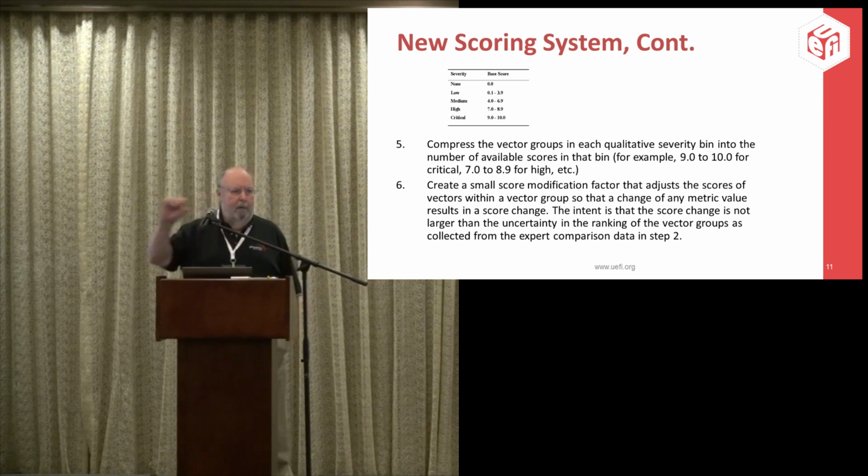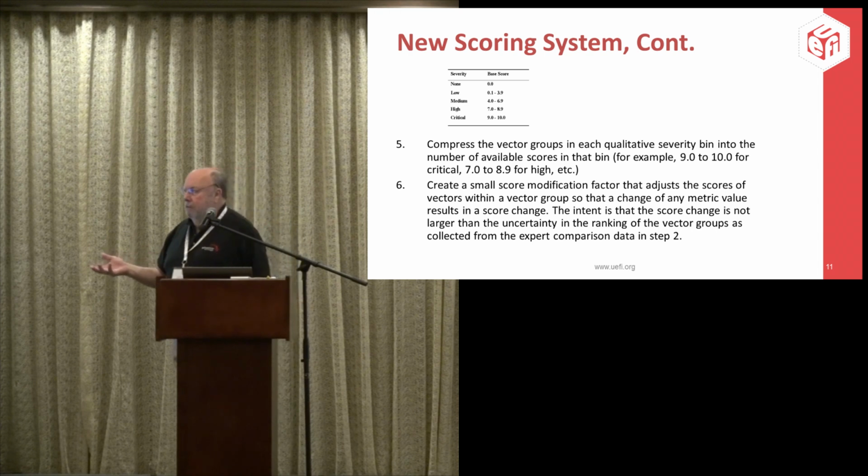What ended up was essentially a big lookup table done in JavaScript. It's just a database: this vector of answers produces this number. No math involved. It just works, and we looked at that, and it worked pretty well.